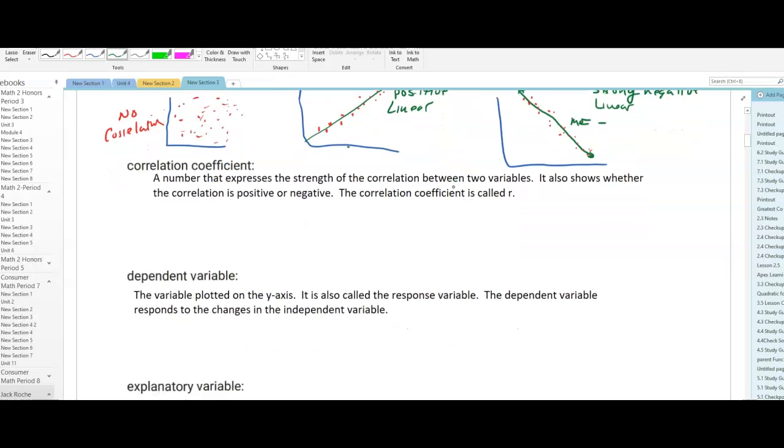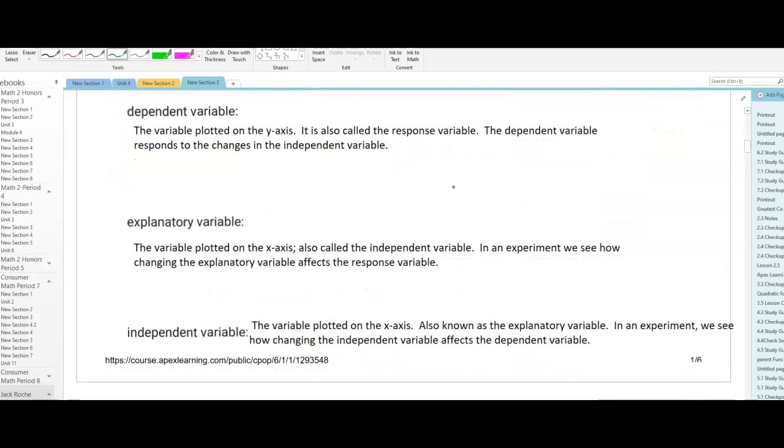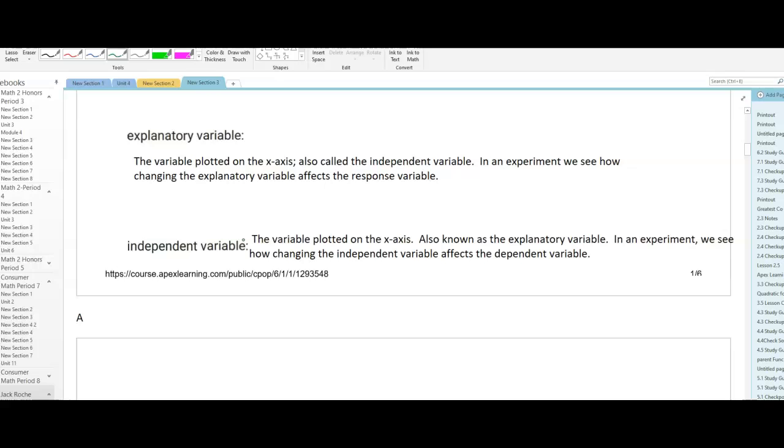Okay. Now, we're going to come back to the correlation coefficient. Dependent variable, remember, it depends on the independent variable. We usually say this is your y coordinate. Okay? Your independent variable, or your explanatory variable, tends to be your x coordinate or your input value.